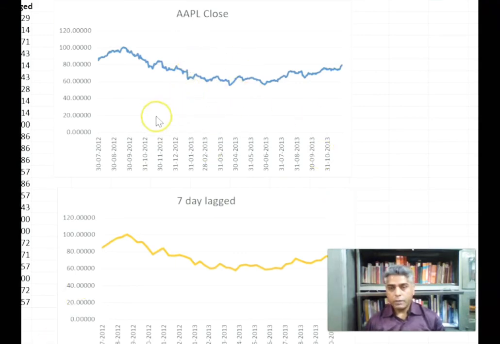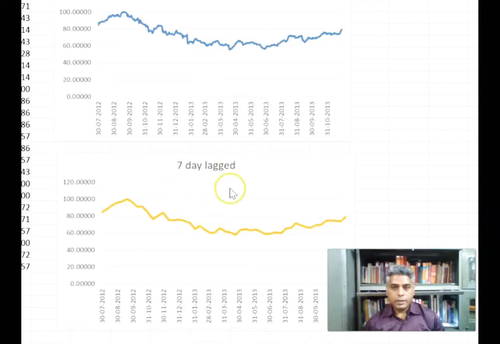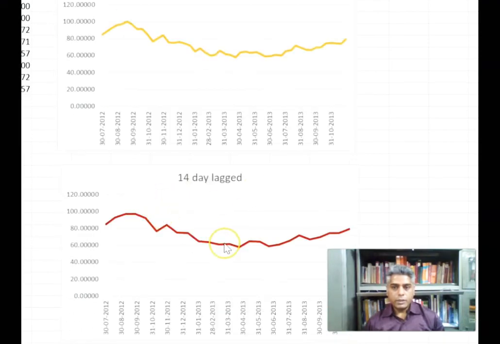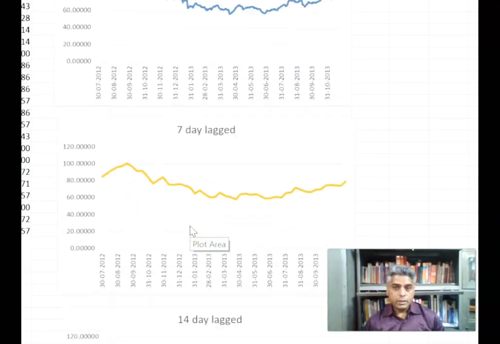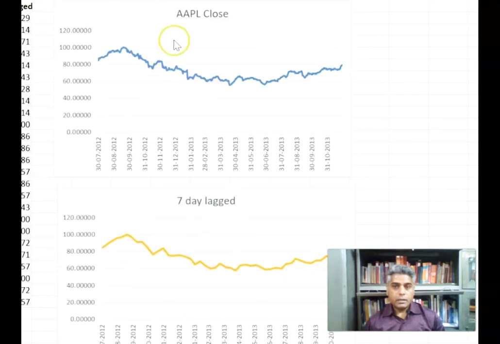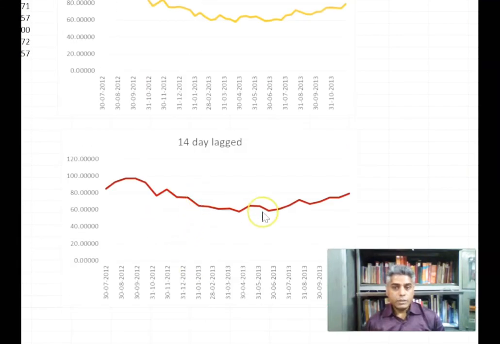More importantly, if we compare these series subsequently, the AAPL close series with the 7-day lag series and then with the 14-day lag series, we see the similarity between two subsequent series. The similarity between the lag 0 series and the lag 7-day series is greater than that between the lag 0 series and the lag 14-day series.